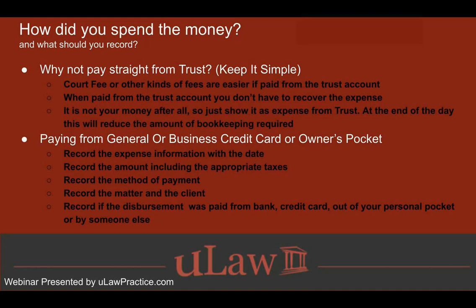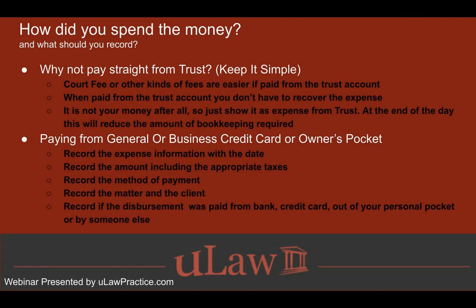So record the expense appropriately with the date, with the amount, with taxes, without taxes, the method of payment, who it is being posted to, the client matter, and whether this disbursement was paid from the bank, from the credit card, out of your personal pocket, or by anybody else. Reimburse them appropriately.